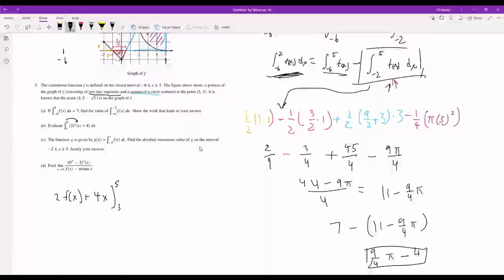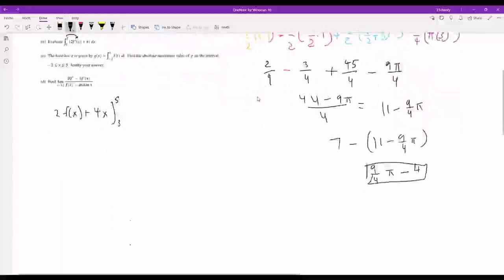And all we've got to do is solve this normally. So plug in the 5, plug in the 3, and then simplify f of 5.